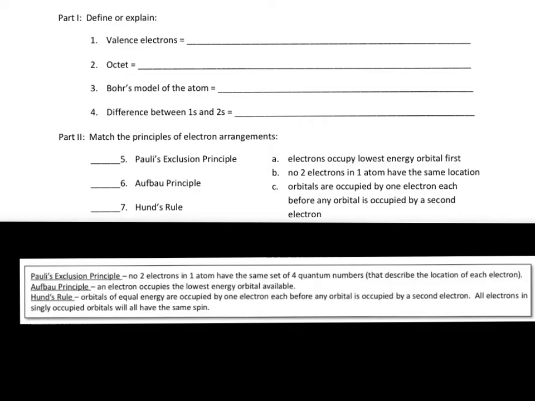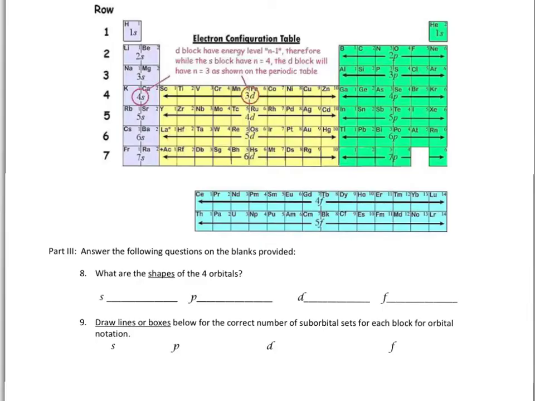Remember that this is a video that can be paused at any time. The periodic table provided here on your study guide demonstrates the order in which the orbitals are filled. Reading from left to right, top to bottom, it goes through 1s2, then through 2s2, across to 2p6, next 3s2, across to 3p6.